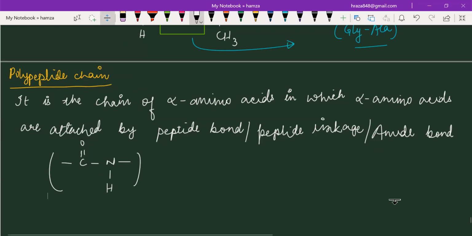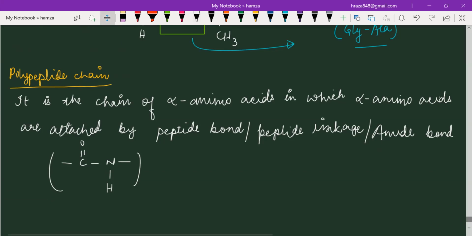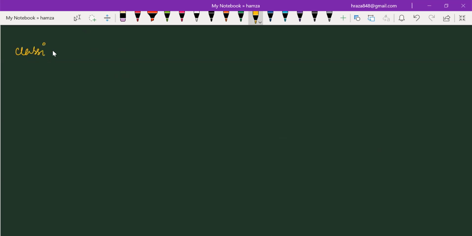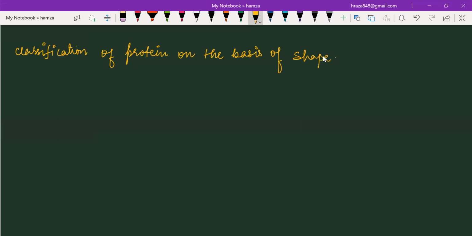Now we are going to classify protein. So here it is. Classification of protein on the basis of shape. So there are two types of proteins. One is fibrous protein and another is globular protein.